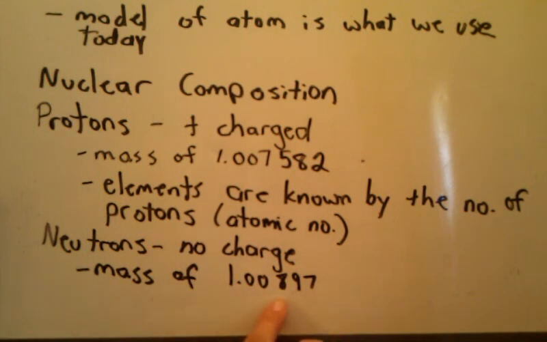Because this is 1.008, that's 1.007, so it looks like about a thousandth. So it's slightly greater than a proton. Together with protons, they make up the atomic weight of atoms. We know that the atoms of the same element have the same number of protons, but the atoms of an element can have differing numbers of neutrons.